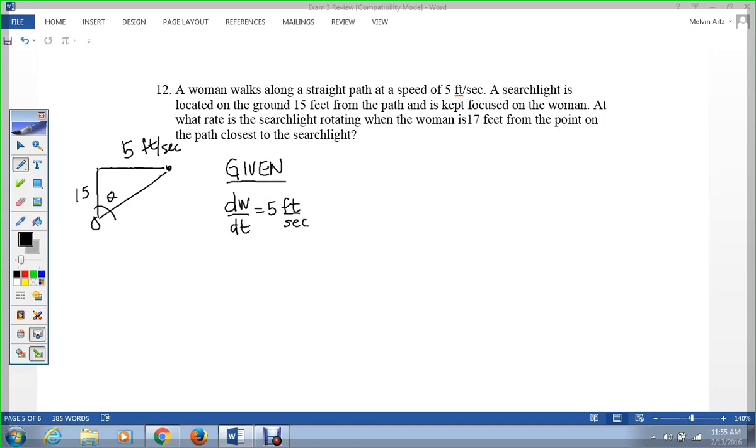And w represents the position of the woman. So I'm going to label this side of the triangle as w. W represents the distance the woman is on the path from the point closest to the searchlight, so it would be perpendicular, 90 degrees here, from that point to where she is.